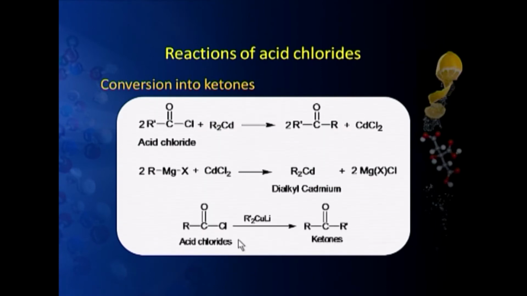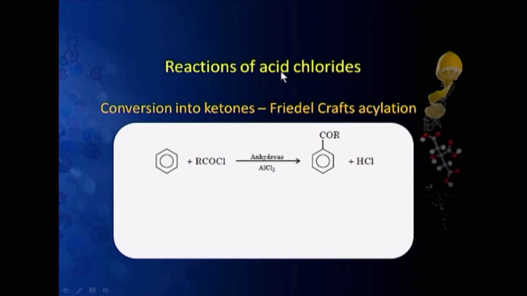Then acid chlorides can also be converted into ketones on treatment with dialkyl copper lithium compounds. Here also we can have the same alkyl group or different alkyl groups to give the suitable ketone. We can get aliphatic aromatic ketones or even aromatic ketones by a Friedel-Crafts reaction where acid chlorides are used as one of the reagents.